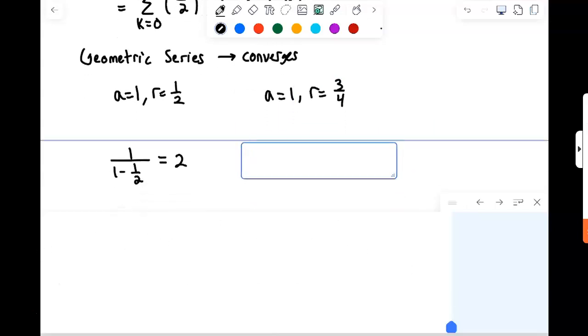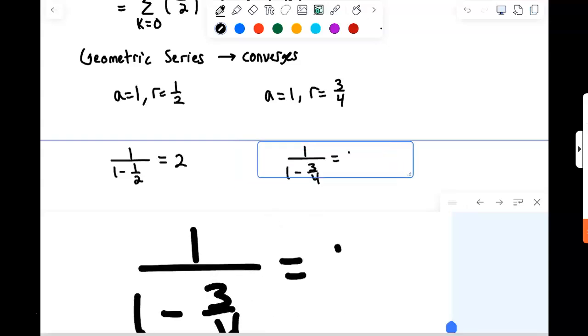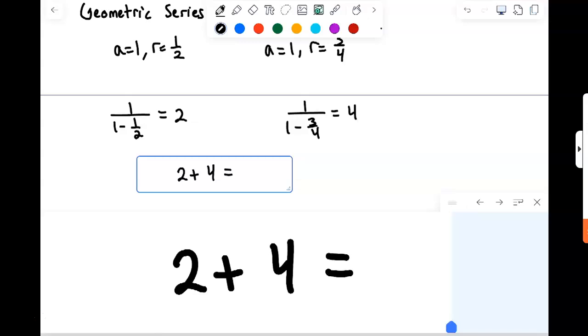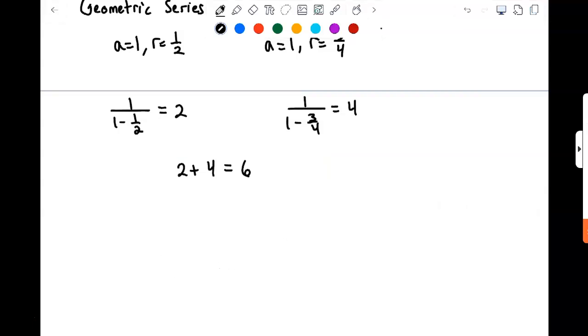So that would converge to 1 over 1 minus 3/4, which would be 4. So the overall series, even though it wasn't on its own a geometric series, rather the parts were geometric series, would converge to 6.